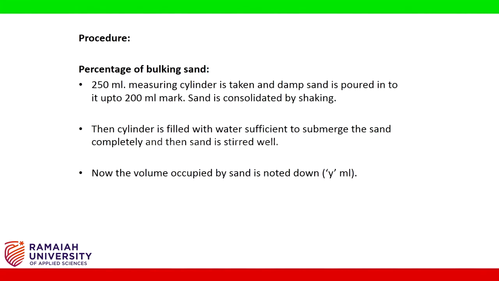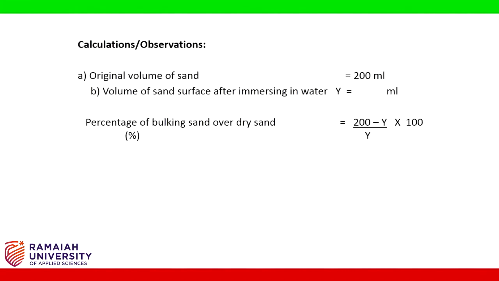Now the volume occupied by sand is noted down, that is Y ml. Calculations and observations: in terms of the original volume of sand and the volume of sand after immersing in water, the percentage of bulking of sand over dry sand is calculated.